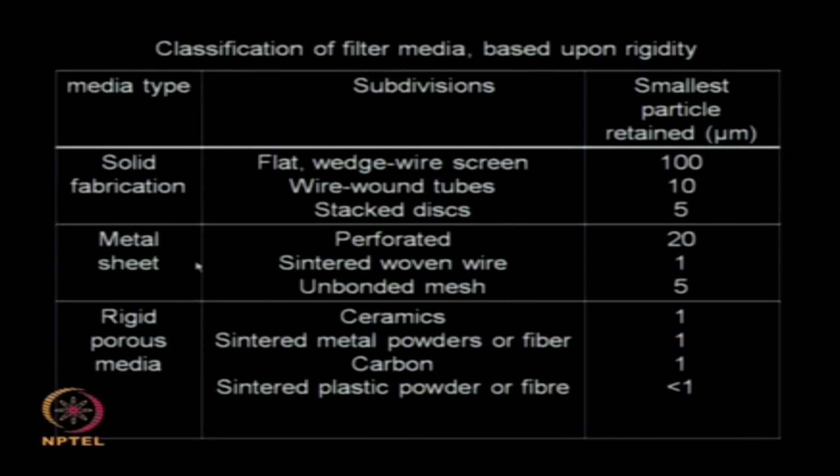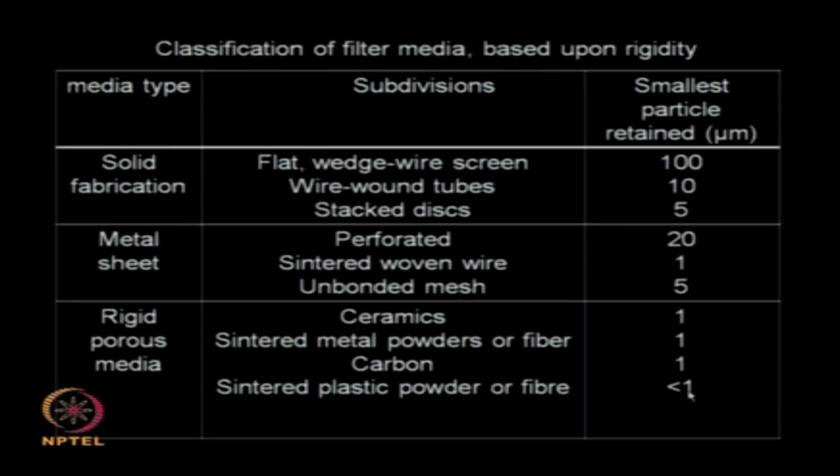So they can be grouped into solid fabrication, metal sheets, rigid porous media. This is based upon the rigidity of this filter media. They also act as a support for the bed that is getting accumulated over a period of time during the filtration process. So they should have sufficient mechanical strength, and the smallest particles they can capture also varies.